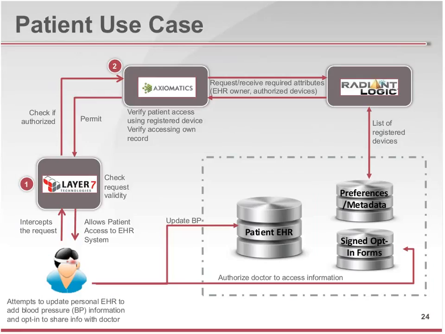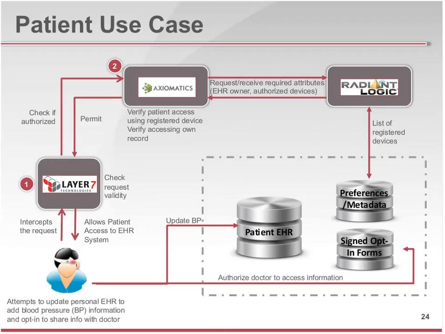Axiomatics does two things. It tries to determine if this is coming from a valid device, and it also needs to determine that this patient is trying to update their own record, not somebody else's. So the policy target is inspecting what the request is, what the target is, what the operation is.